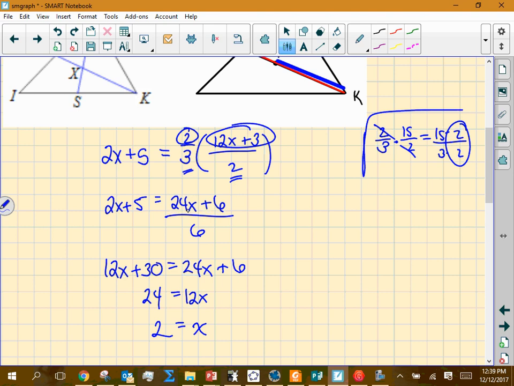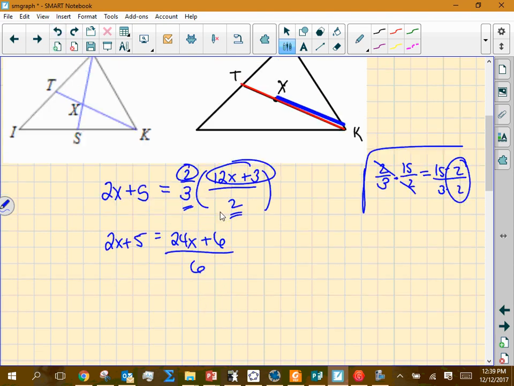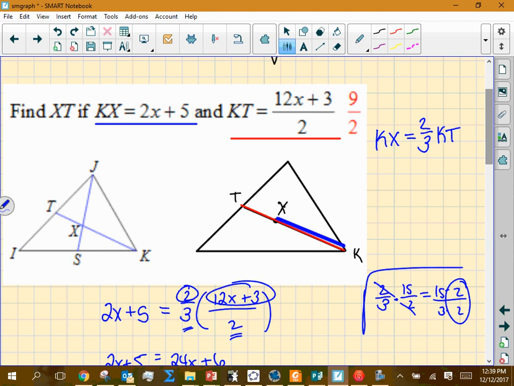Now that algebra provided larger coefficients, right? Dealing with 24 and 12, but it's perfectly fine. Even some of you might want to change the equation up here. Could I multiply both sides by 3 up here? Multiply both sides by 3, and it gives me 3 kx's, which should equal 2 kt's.